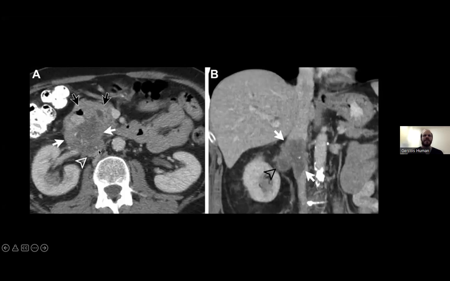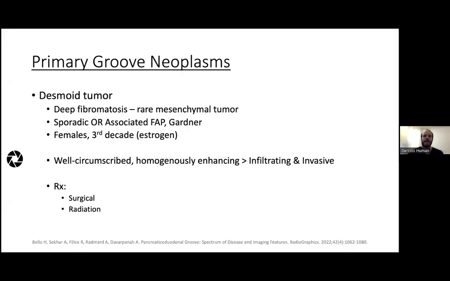It displaces the duodenum and the pancreas anteriorly. The coronal image shows this lesion very nicely associated with the IVC and right renal vein. This was a leiomyosarcoma originating intravascularly from the IVC and the right renal vein.